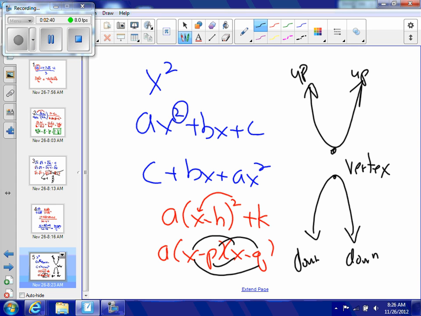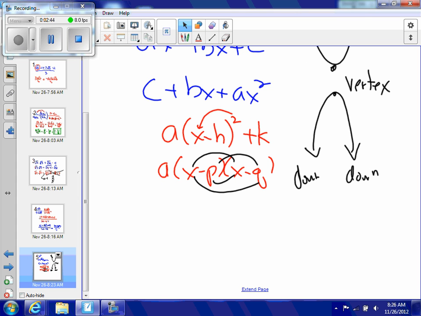The way you have to write it, though, is a little bit different. If I say, what's my vertex? You might say, okay, your vertex is 5, negative 2. But when somebody says, what's your minimum or your maximum? I don't know whether this one opens up or down.